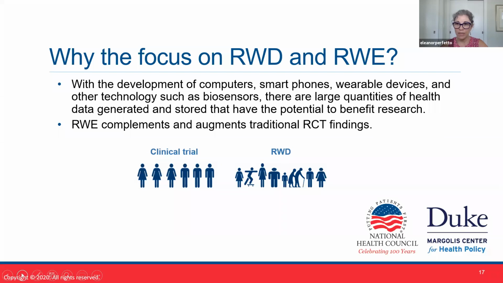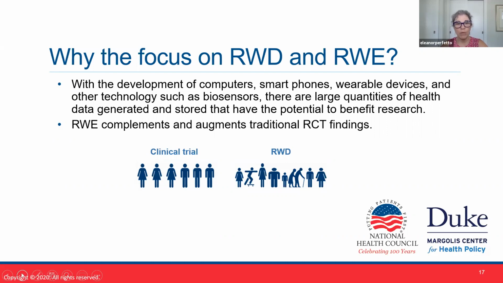That can be very different, not always, but it can be very different from the kind of people that we see in real-world data. Real-world data captures everyone. It captures young, old, different shapes and sizes, different geographic regions, nationalities, ethnic backgrounds, different cultures. So real-world data can augment the findings from clinical trials because it does collect data on a diverse population.